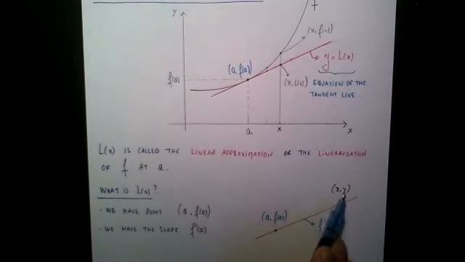So the slope between any point x, y and a, f of a should be f prime of a. I'm going to write this down.